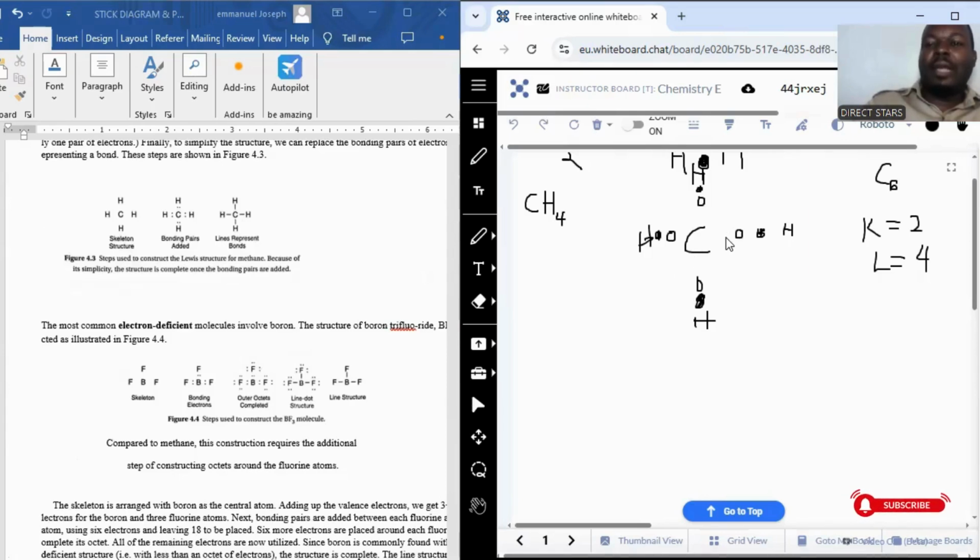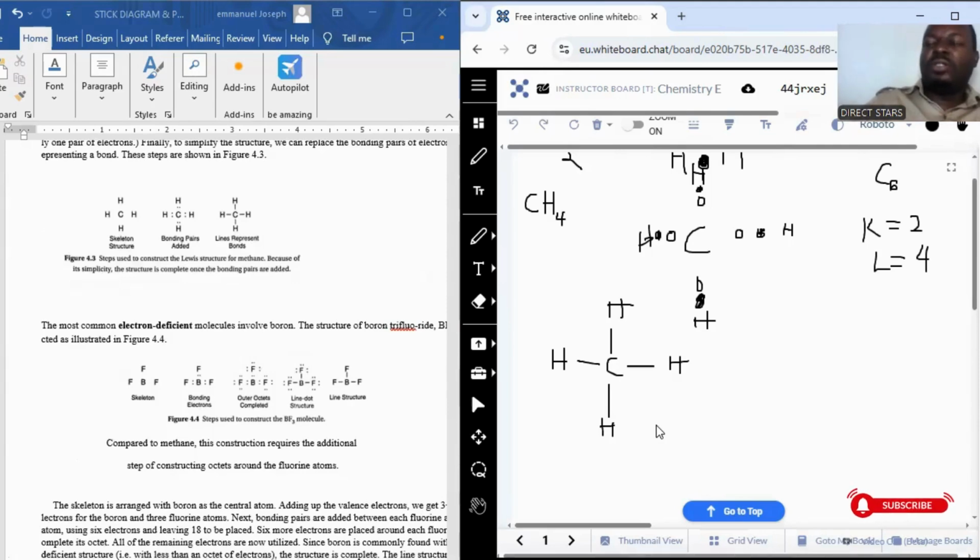So all you need to do for a line diagram is, where you have your 2 electrons, you just draw a line. So the line diagram for methane here will simply be C. We have 2 here, so I'll just draw a line, H. We have another pair of electrons here, so that will be H. We have another pair of electrons here, that will be H. We have another pair of electrons, that will be H. So the advantage this has is also that it gives you the kind of bond that exists.